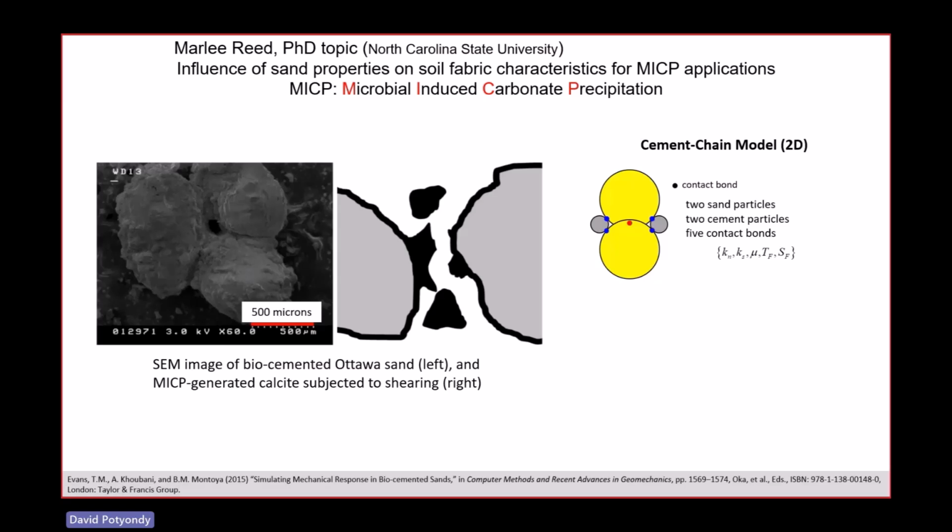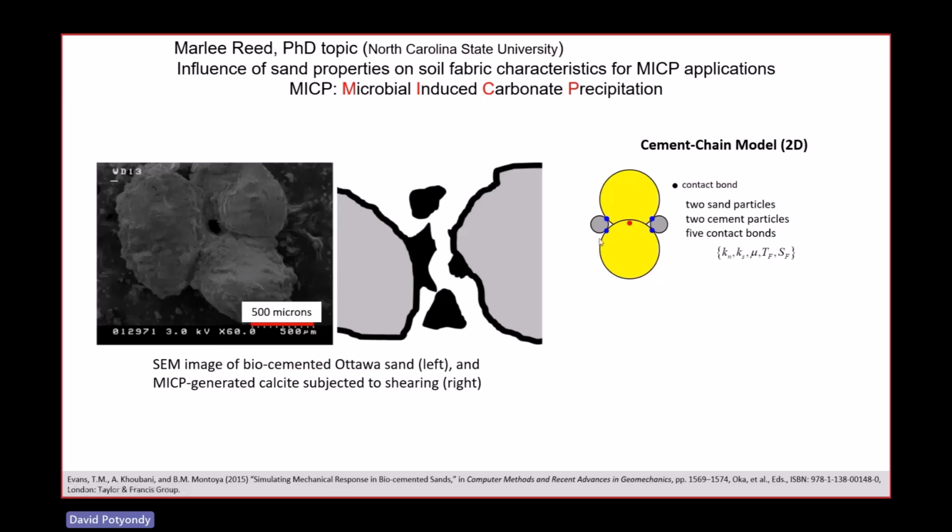It then did a model clean to create the new contacts. And so the resulting system should have 5 contacts, 1 of them between the sand grains and 4 of them between the cement and sand grains. And we're assigning a contact bond model to those things, right?